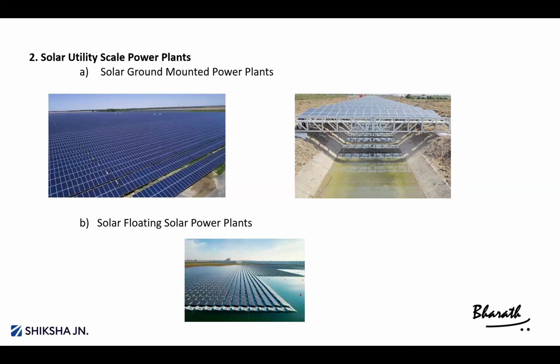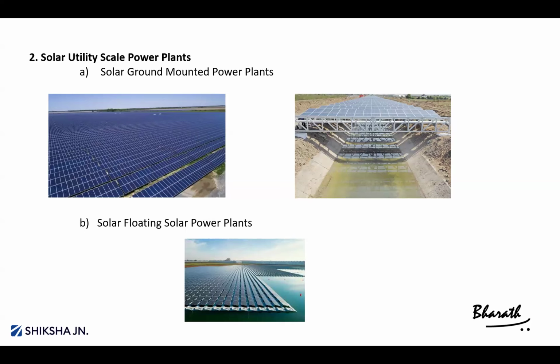Compared to that, it is very cheap. Coal-based power, I think governments purchase at around 4.5 rupees, 5 rupees. But solar energy, the developers are providing around 2.38 rupees. Why? Because prices have come down.